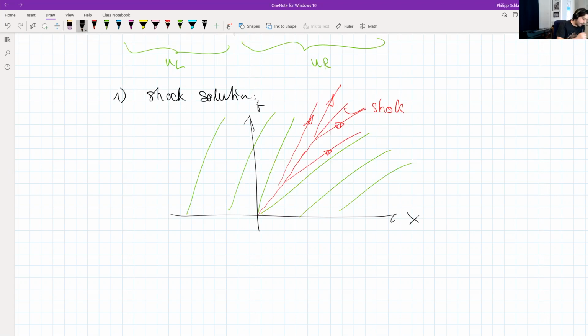Now, as I just said, we need to have something that is physical, and this is a discontinuous solution, so I need to check whether this would fulfill my entropy condition. My entropy condition says, well, UL needs to be larger than 1/2 of UR plus UL, which needs to be larger than UR. Of course, if I do that, then I will see that UL is larger than UR for the shock to be physical.